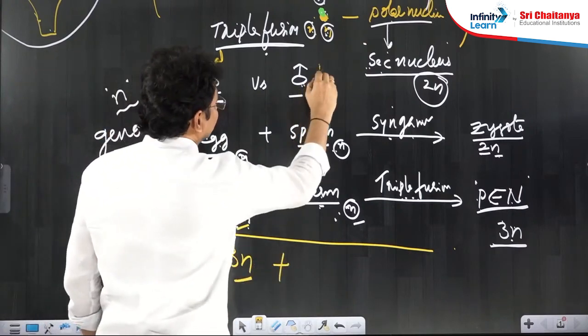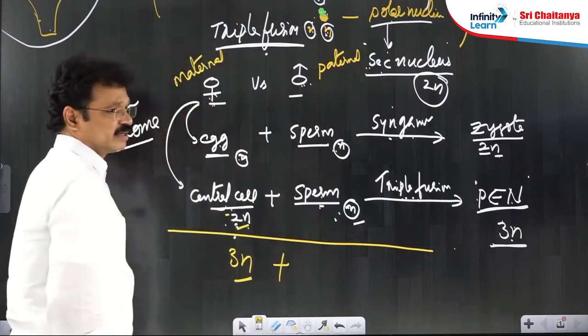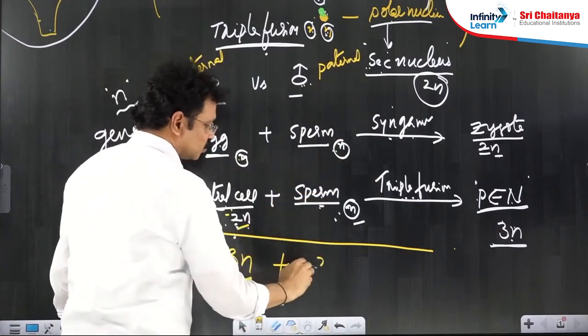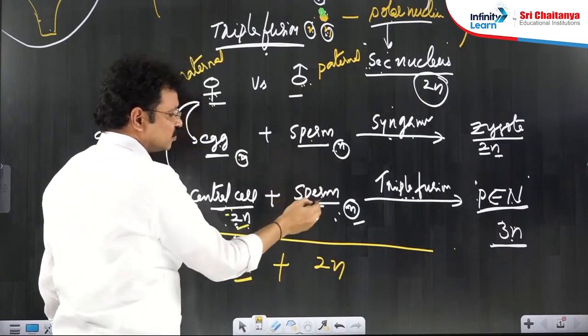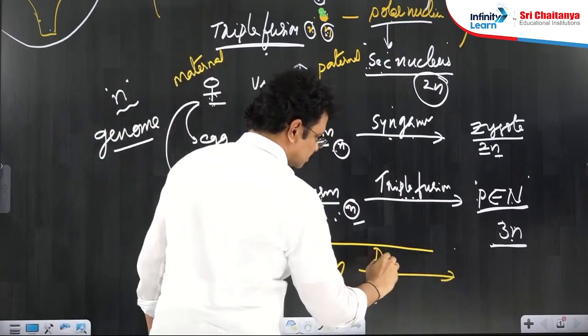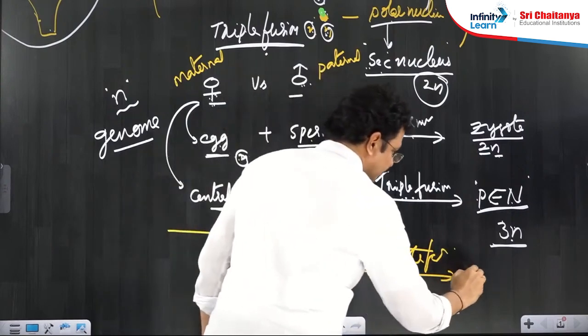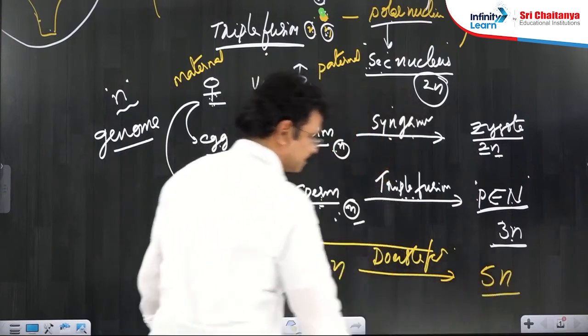From the male or paternal side, the total number of genomes involved here is 2 genomes in the form of 2 sperms. It is a double fertilization. Finally, 5 genomes are involved.